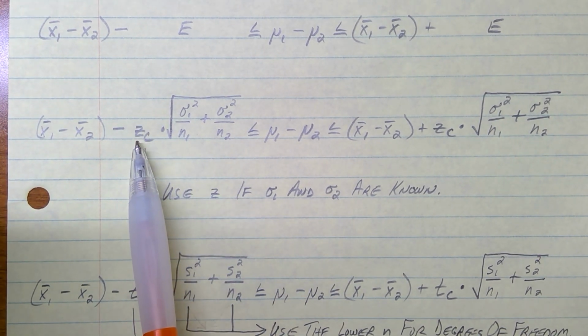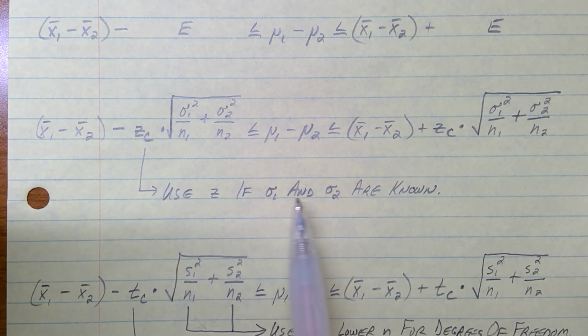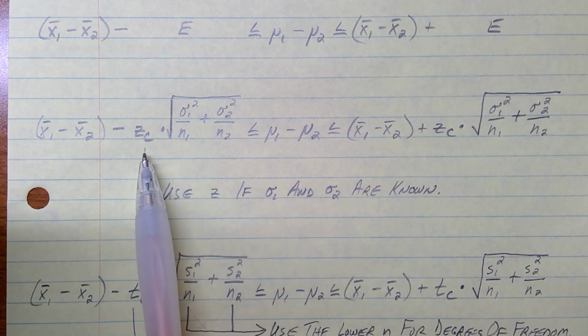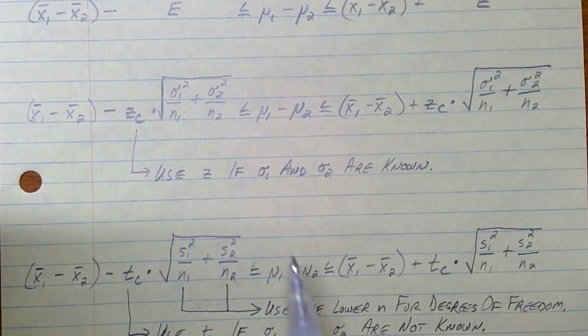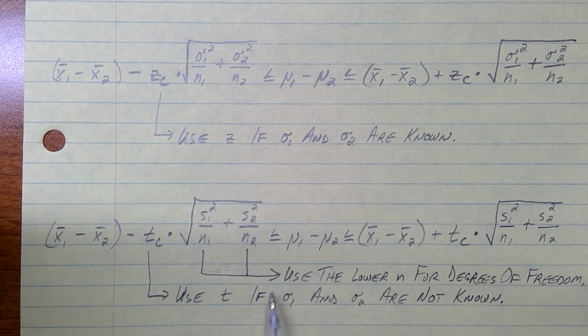I calculate it using the z if I know the population standard deviations. So if I know both of the sigmas, I'm going to use a z-score to help calculate my margin of error. And if I don't know both of these population standard deviations, I'm going to use a t-value.